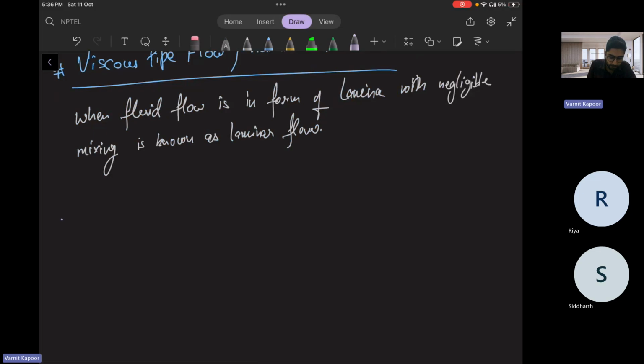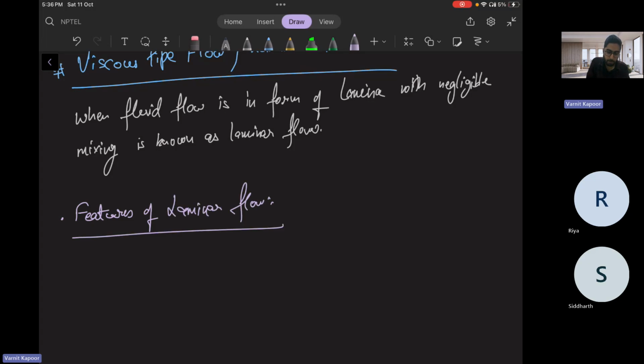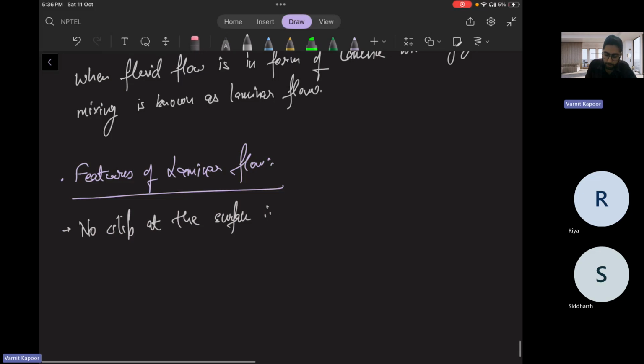What are the features of laminar flow? First is no slip at the surface, that is, the velocity profile approaches zero at the surface.